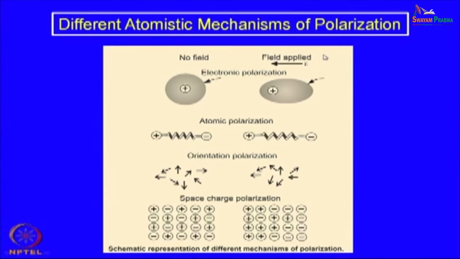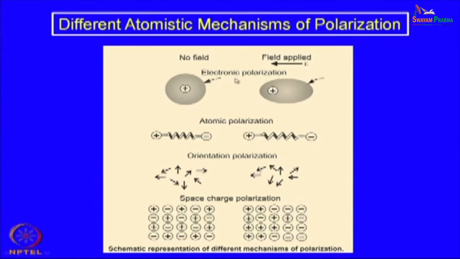But when we apply an electric field, this is the direction of the field, there is a separation. That means the electron cloud is no longer spherically symmetric, but becomes ellipsoidal. Once it becomes ellipsoidal, the center of negative charge is here and the positive charge is here, and therefore, there is a net distance of separation.